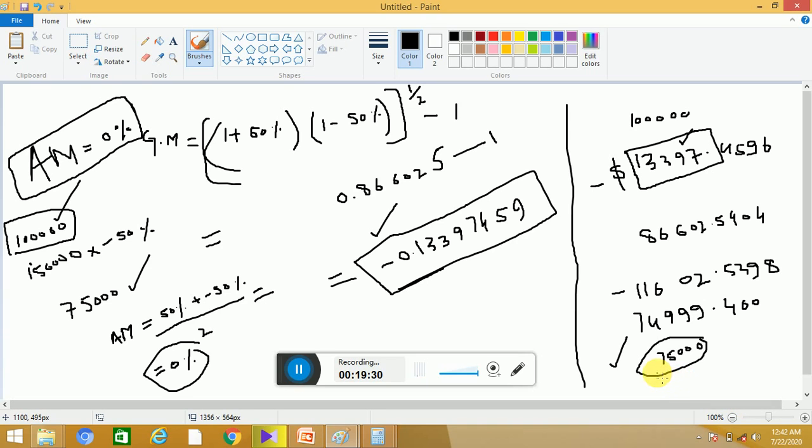So geometric mean gives us exact information that our initial amount, which was 100,000, becomes 75,000 after 2 years, because there is a loss of 0.13397459 in these 2 years.